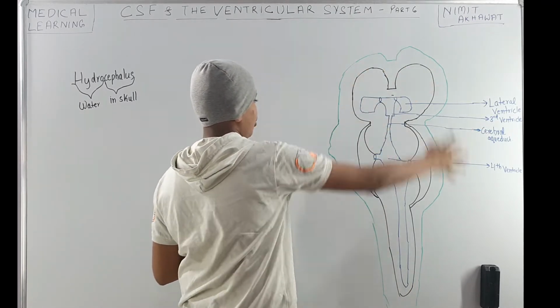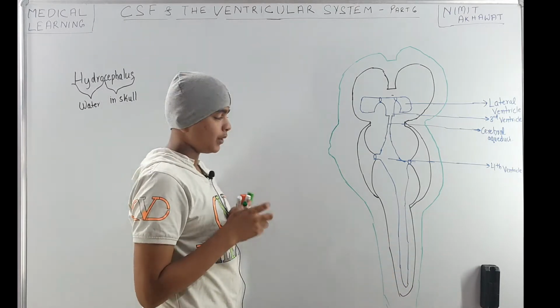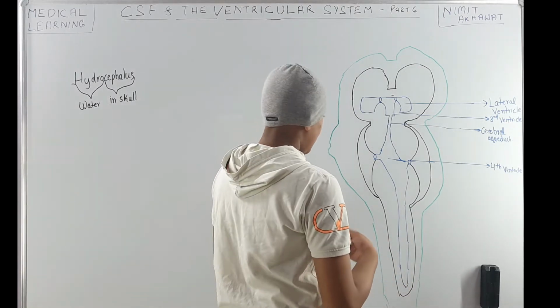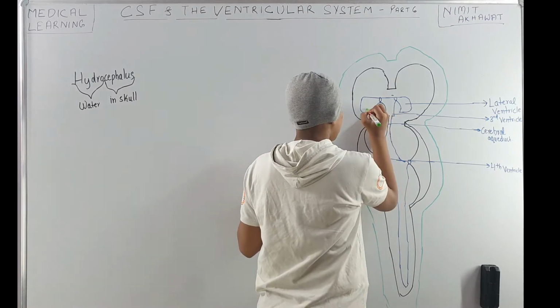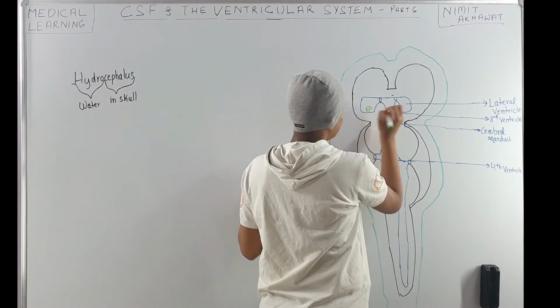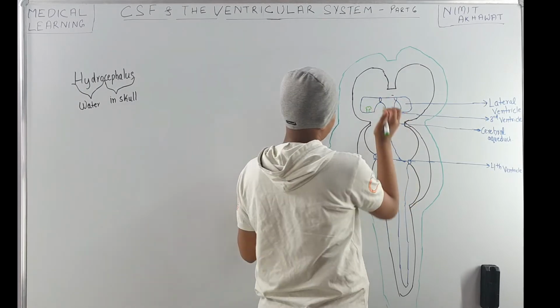Here is the arachnoid mater, the second layer of meninges. Cerebrospinal fluid is produced by the structures present in the lateral, third and the fourth ventricles.